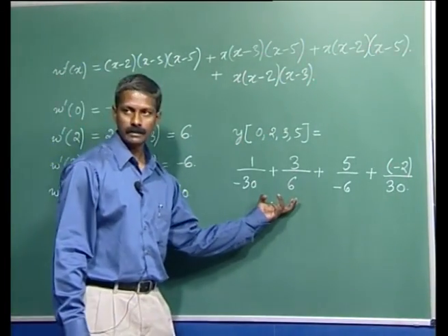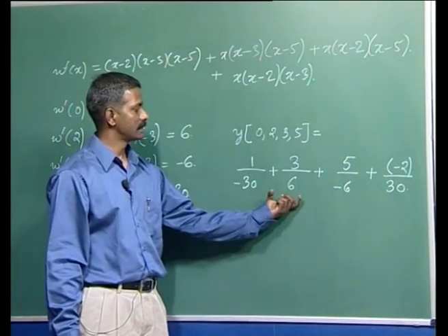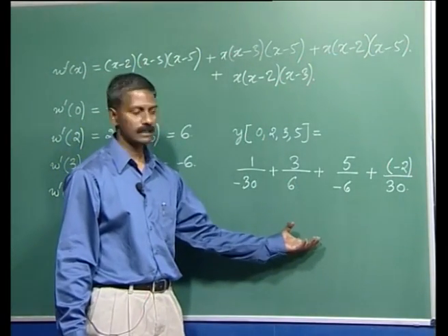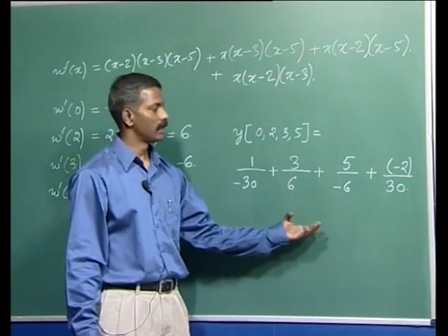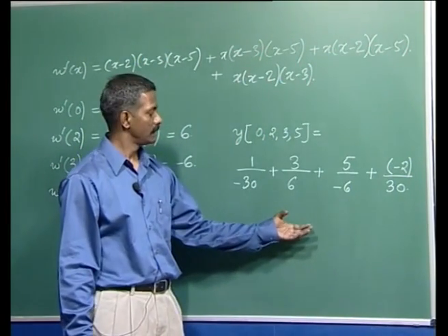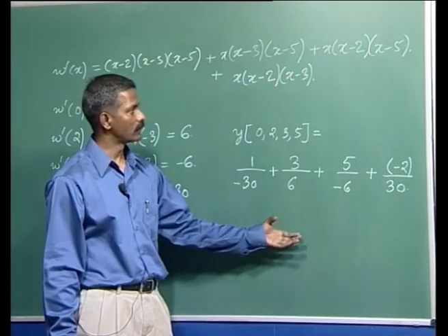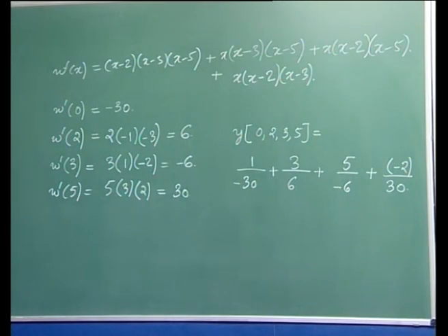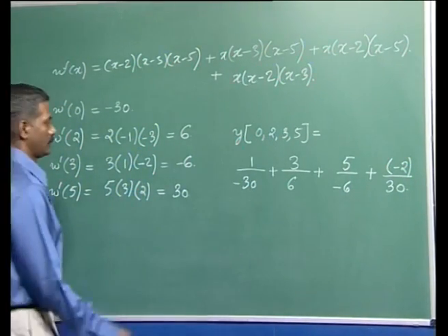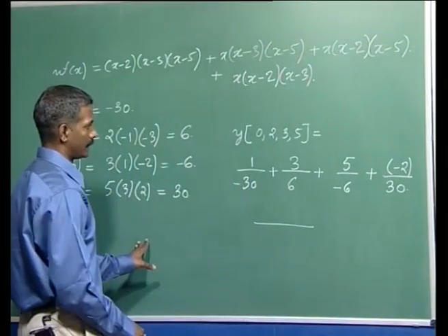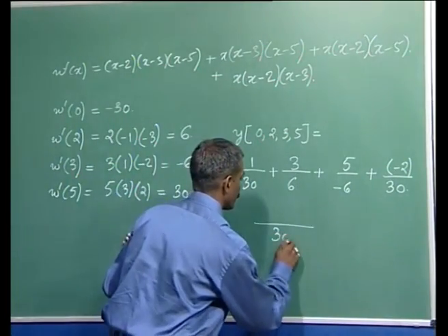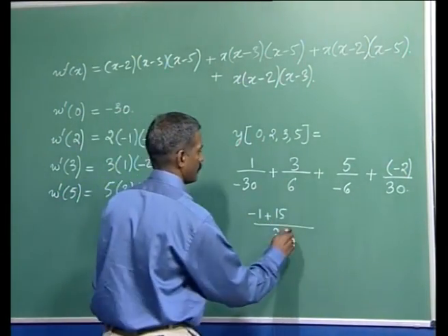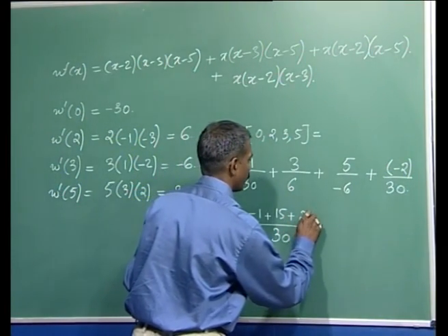You can work out the math and simplify this to get a number. And try to compare what you get with a number that you would get when you're using the tabular form to compute the Newton's divided differences. Let me try to simplify this for you and see if I can go anywhere. So if I take the least common factor, which is 30, I get minus 1 plus 15 plus 25.